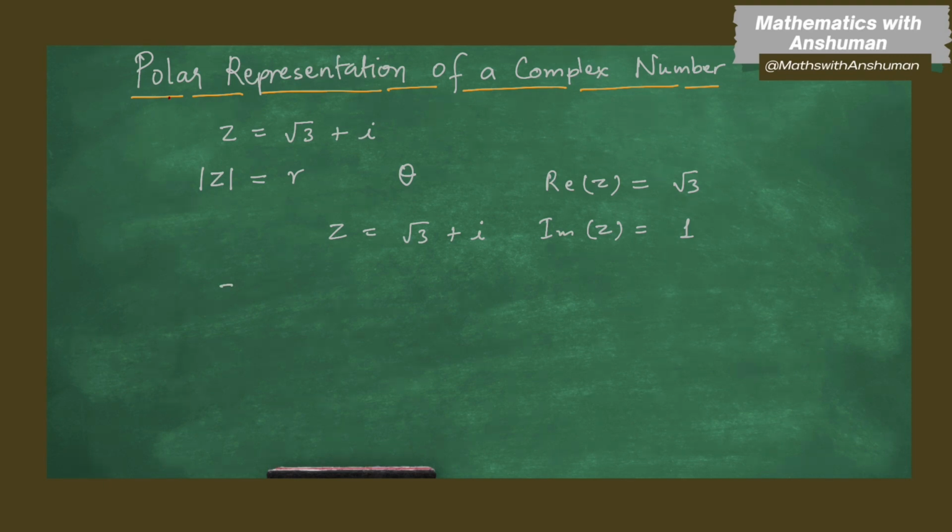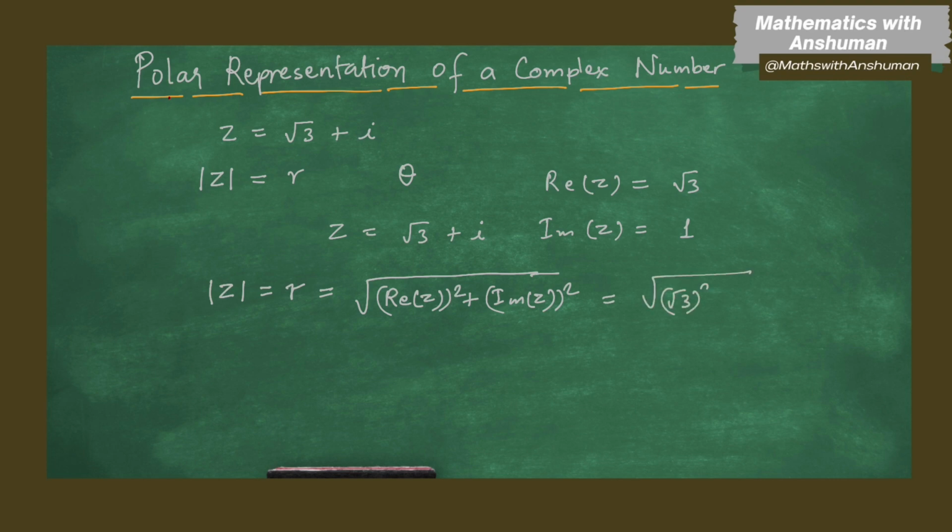Now, mod z, that is the distance r, is equal to under root real z square plus imaginary z square. This is the formula to find r. So it will be under root 3 square plus 1 square, that is under root 3 plus 1, under root 4, and it is equal to plus minus 2.